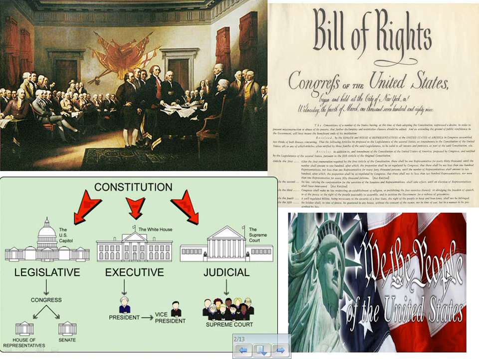Certainly the Declaration of Independence is an important moment as it separates us from our mother country of Great Britain, but it also asserts the founding values of the country, being that all men are created equal and endowed by their Creator certain unalienable rights, the rights of life, liberty, and the pursuit of happiness. This becomes the heartbeat of the nation and certainly becomes a model for all other nations that might want to replicate the same value systems that the United States has been based upon.